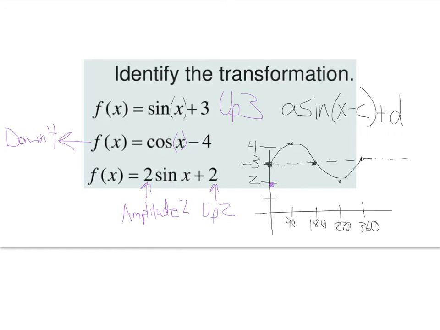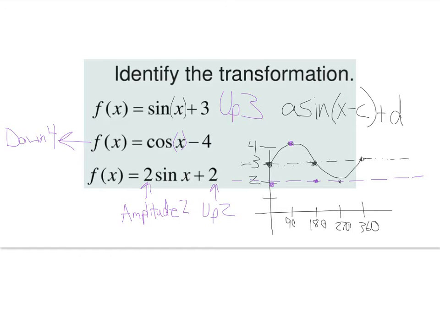Okay, I'll graph it on here. And I'll put my little dotted line so we can see where the middle is. Okay? Now watch. Instead of at 90 going up just 1 unit, it's got to go up 2 units. So it's actually going to end up up here at 2 by 90. Then we're back down to the middle by 180.